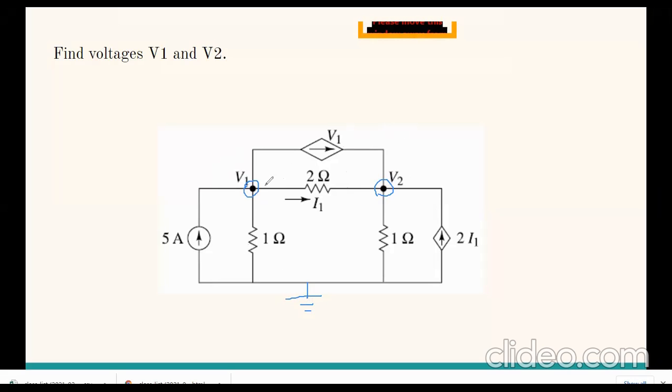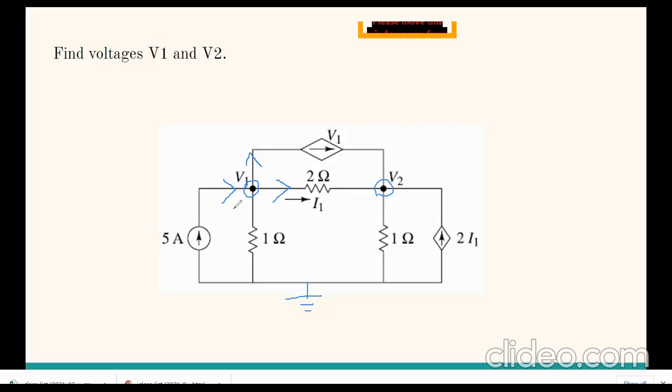Now here at the node V1, the 5 ampere current is incoming at node 1. So the direction of current is like this. The direction of the current I1 shown in this is going from V1 to V2, and the voltage dependent current source of value V1 which is shown has the current direction like this, outgoing from node 1.